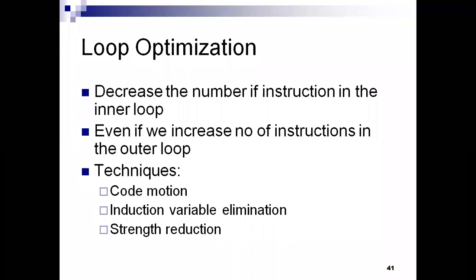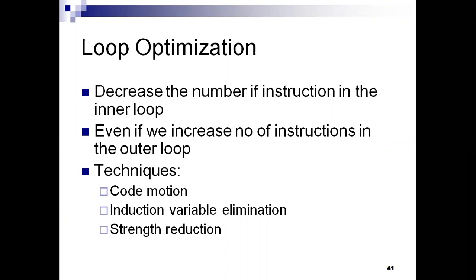So many techniques are there, and we call them transformations under loop optimization. The main important thing is that we need to decrease the number of instructions in the inner loops by applying these loop optimizations. Even if we increase the number of instructions in the outer loop, that is fine.